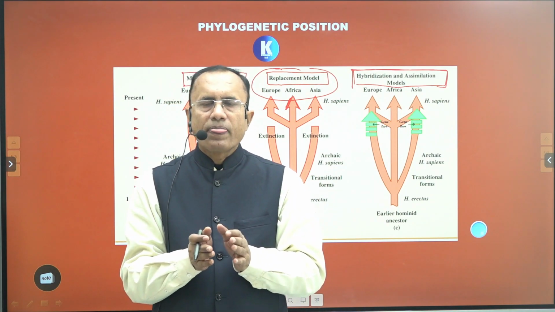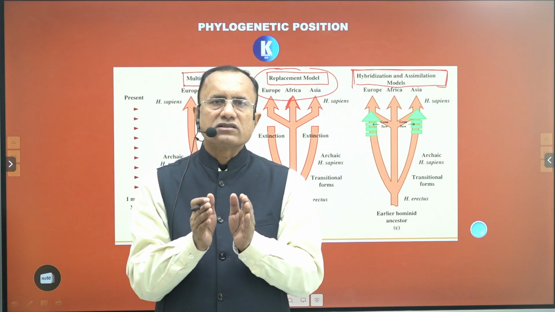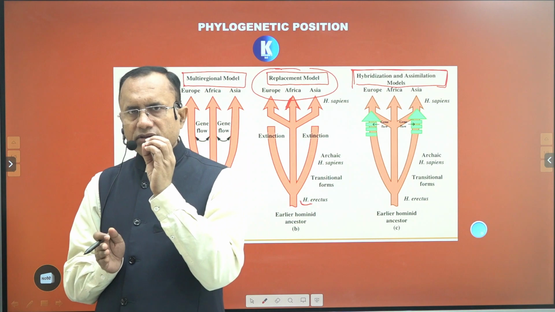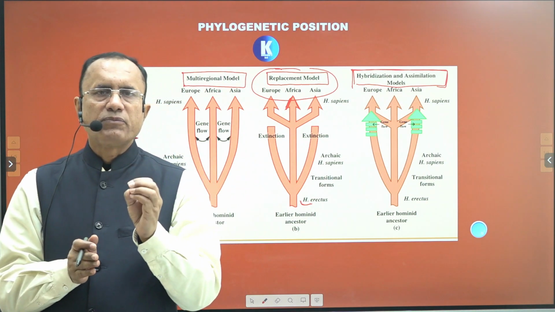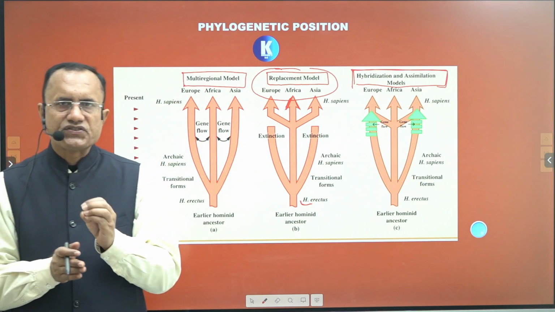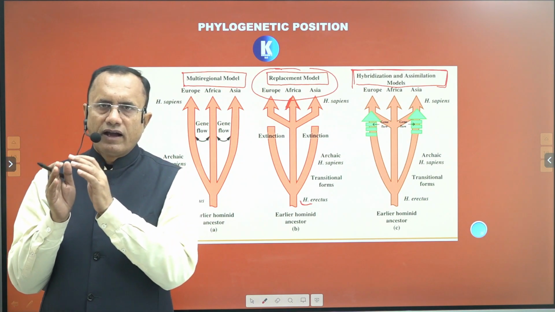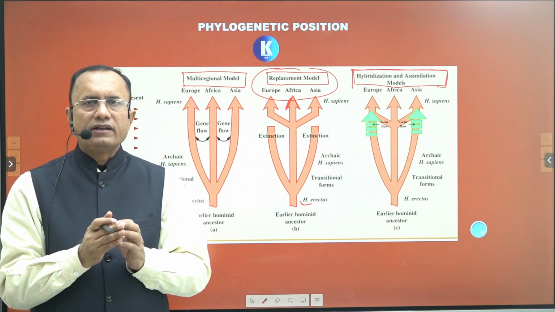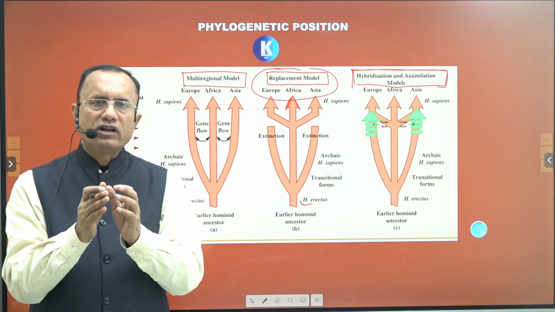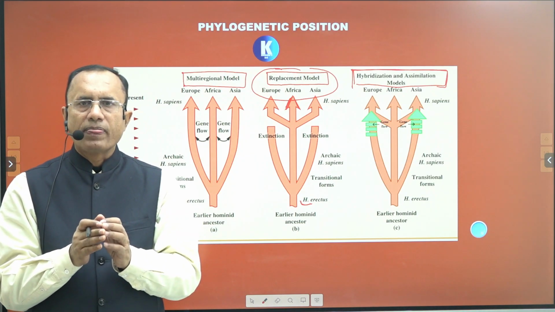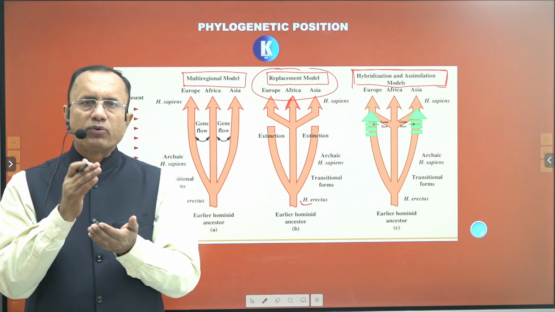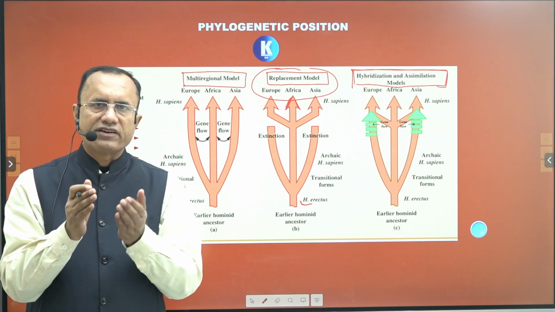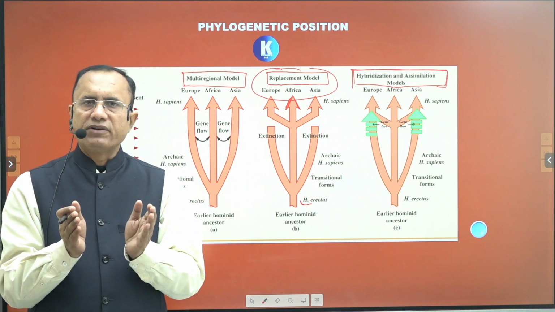And therefore, on the basis of that discussion, you can say that the evolution of Homo sapiens from Homo erectus has many dimensions, and these three important models give us insight into different processes for the evolution of Homo sapiens from Homo erectus in different areas.